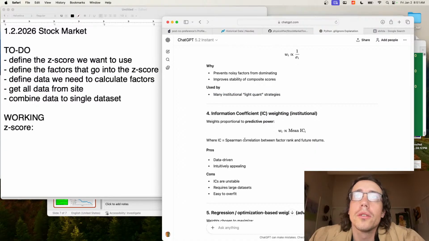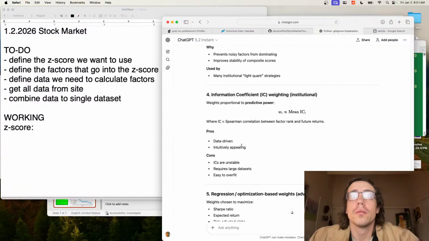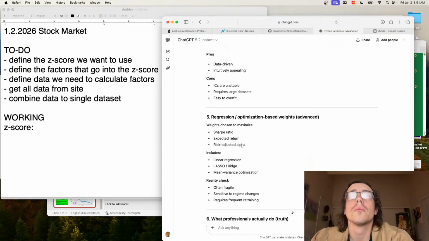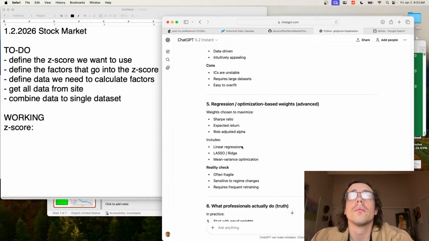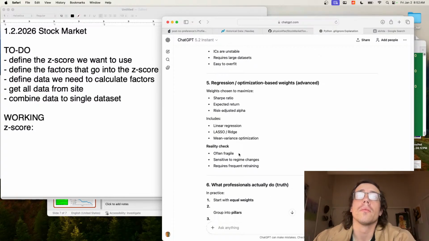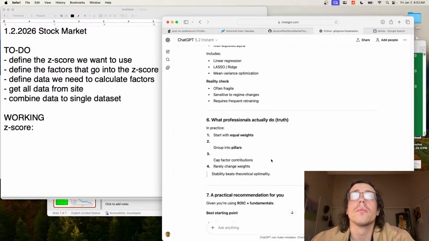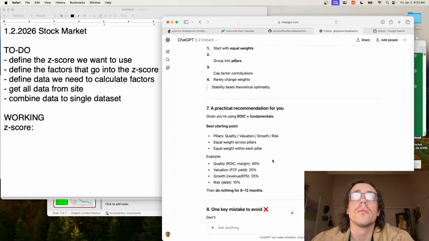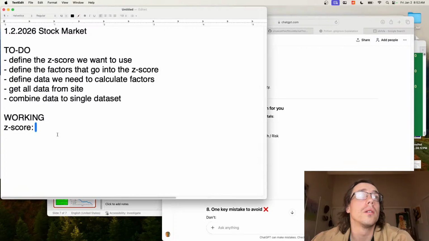Weights proportional to predictive power, where IC is Spearman correlation between. Okay.